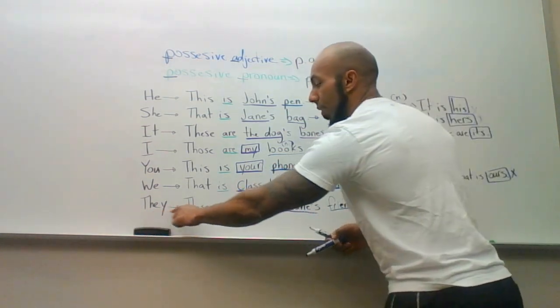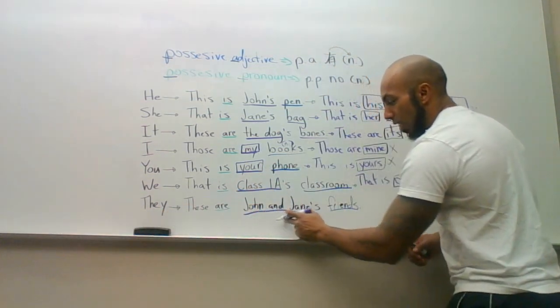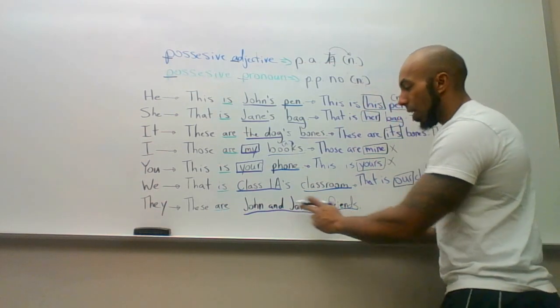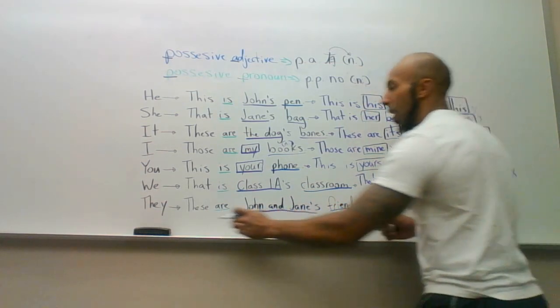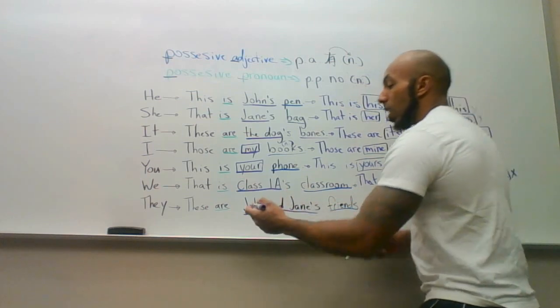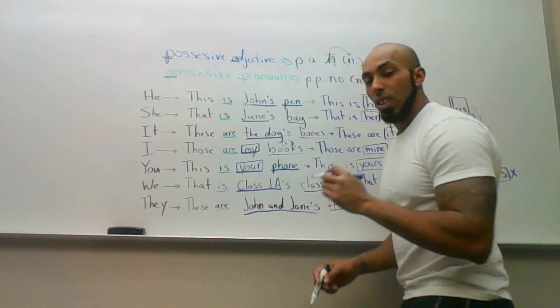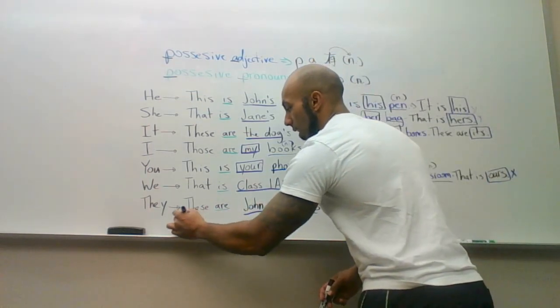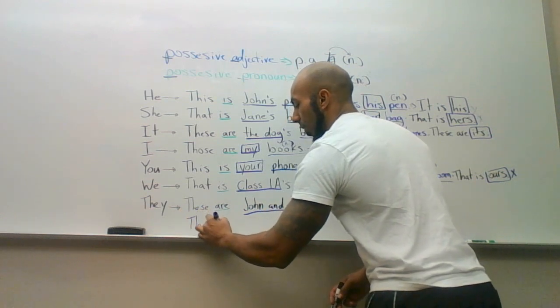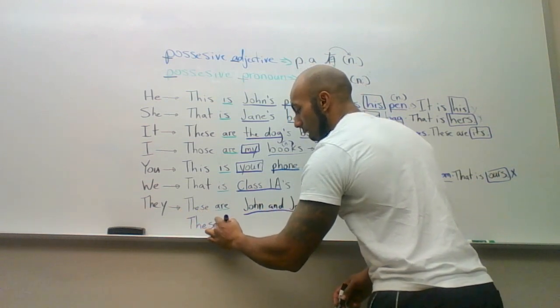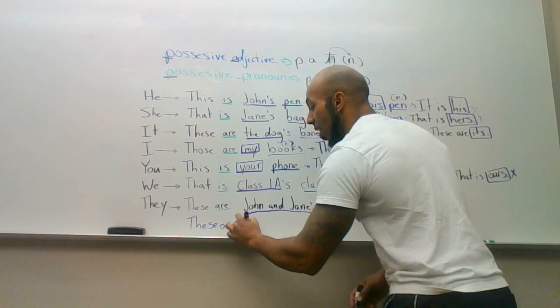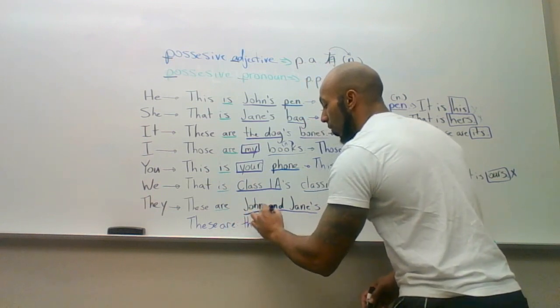Now we have our final one, they. These are John and Jane's friends. Okay. Now the sentence, I will write it at the bottom. The possessive adjective for the sentence would be, these are their friends.